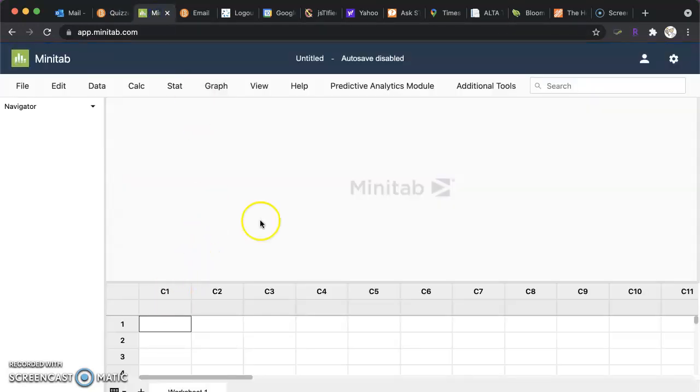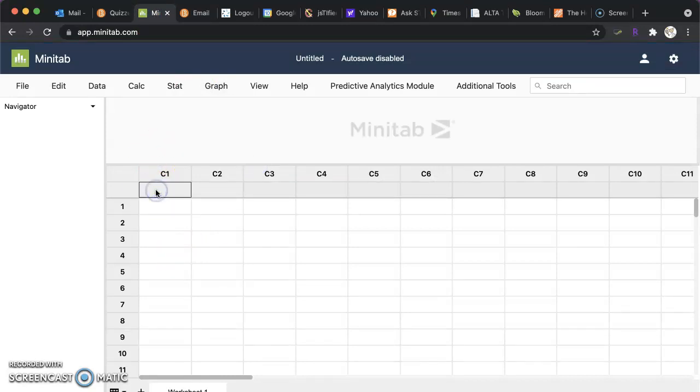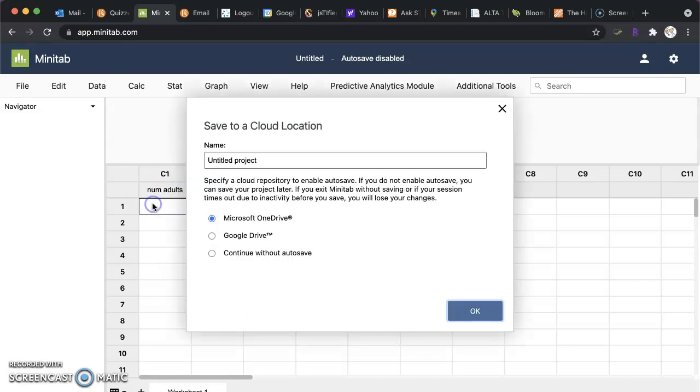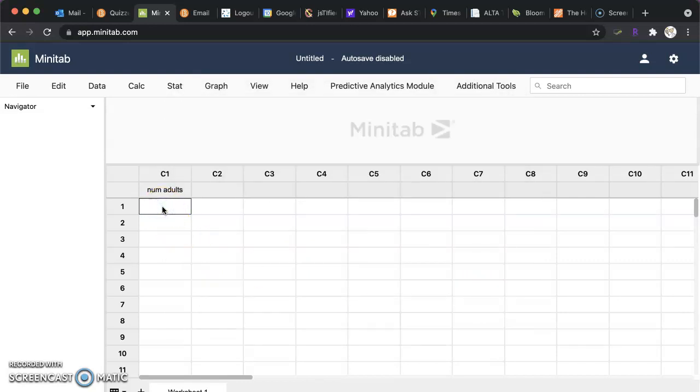So we have our number of adults. I'm going to put number of adults, and remember, they surveyed 8. You always start with 0 here, because an answer could be that 0 of the adults thought it would be easier. Then 1, 2, 3, 4, up to 8.